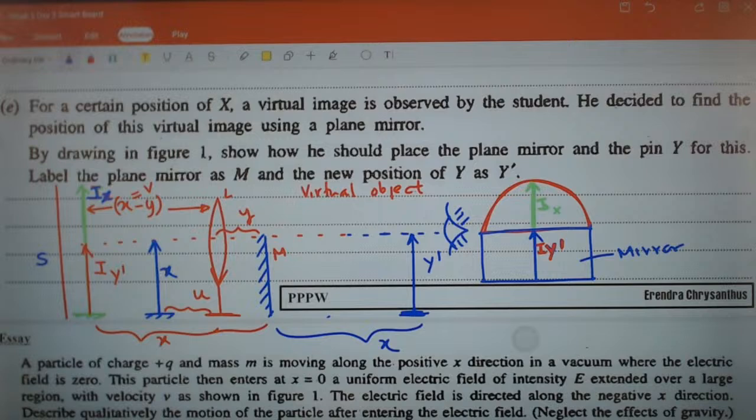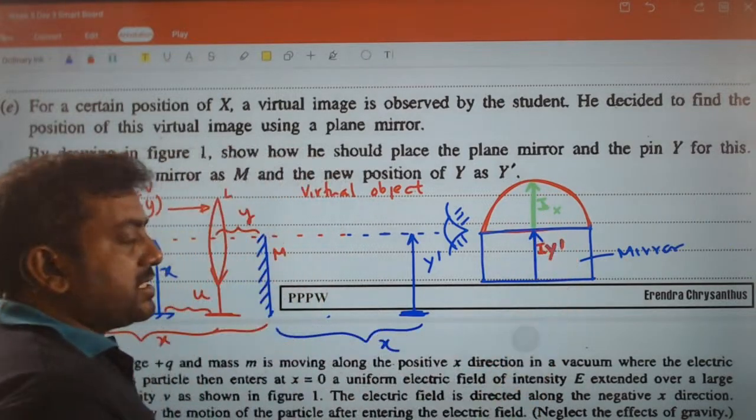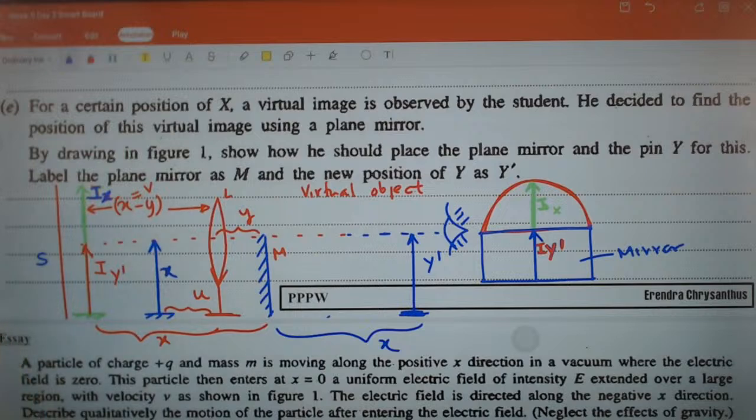When we move the eye in the lateral direction, there is no relative motion between Ix and Iy dash. So we can find the required distances.